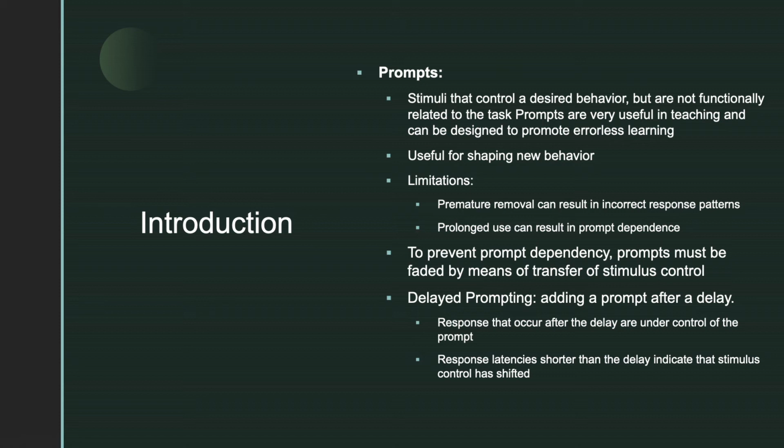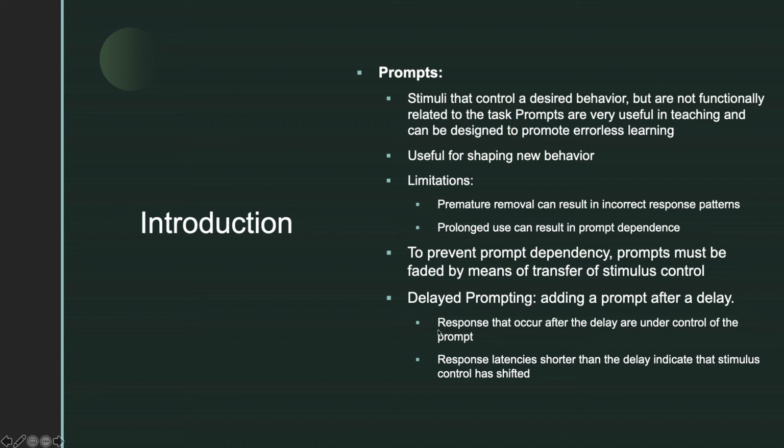After a couple sessions or trials of doing that, then I insert the delay. So for example, a 0-second delay to start: I say wash your hands, and physically guide the person to wash his or her hands. After so many trials, then I insert the delay. I say wash your hands, and maybe I wait 1 to 2 seconds before prompting. What I'm providing is an opportunity for the individual to respond before I prompt. But I'm going to systematically increase the duration of this delay, and hopefully we should start to see responding before the prompts.